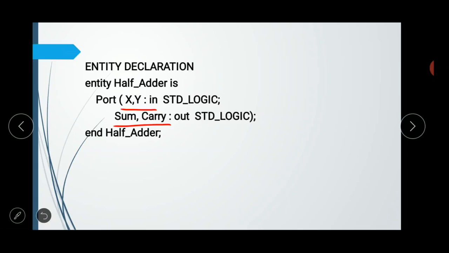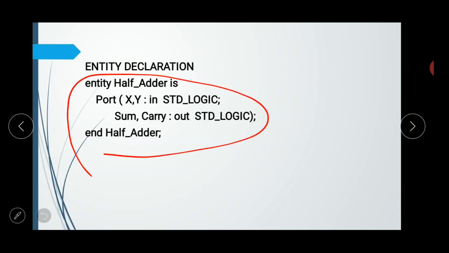Entity declaration starts with the keyword entity. The user has to give desired name to entity. Here it is given adder. Inside entity, input output pins of a circuit are declared using keyword port. The entity declaration ends with keyword end, followed by entity name, that is adder.